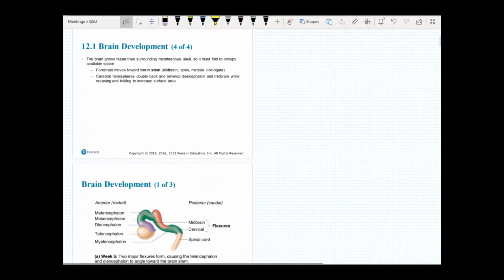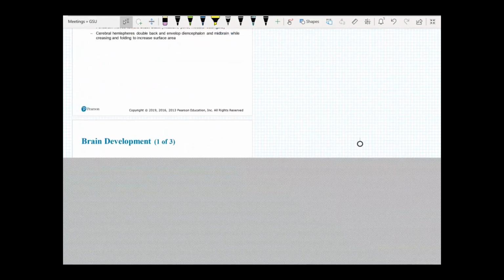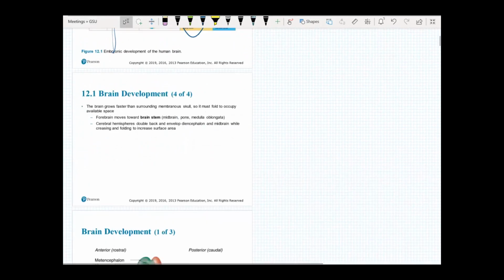Okay, so that's what I drew for this brain development. The brain grows faster than the skull, so it must fold to occupy space. That is the important part. So it will actually fold inward.